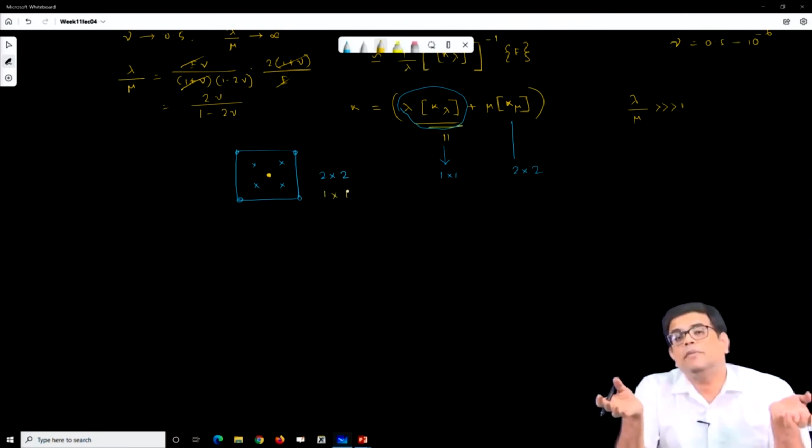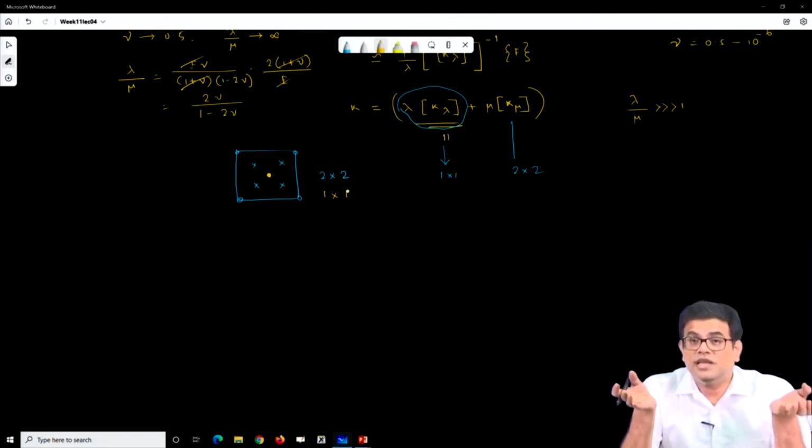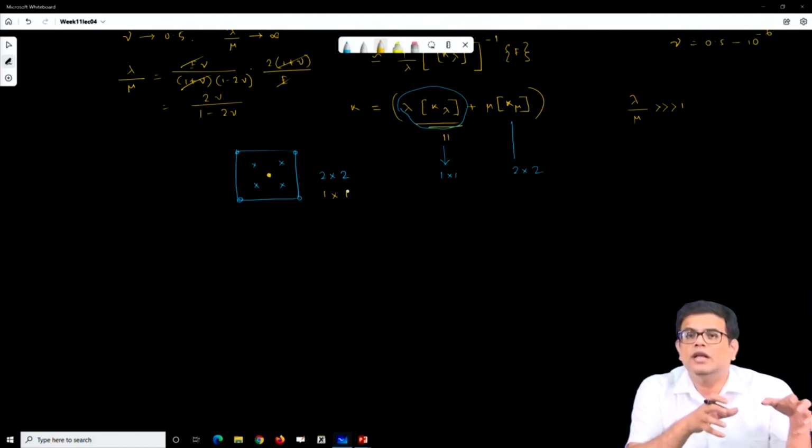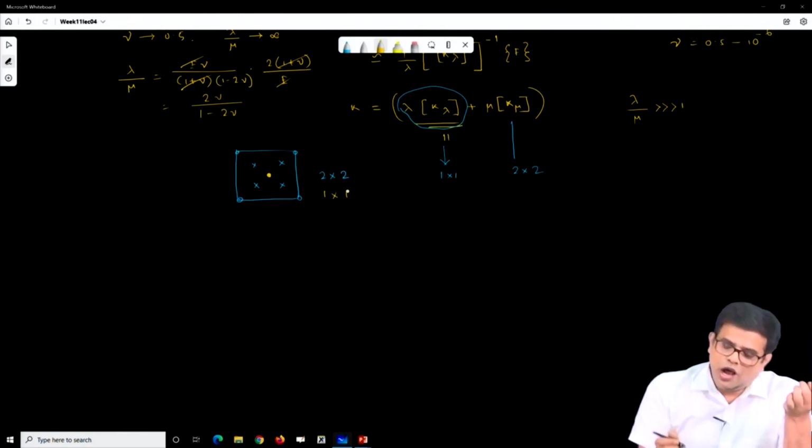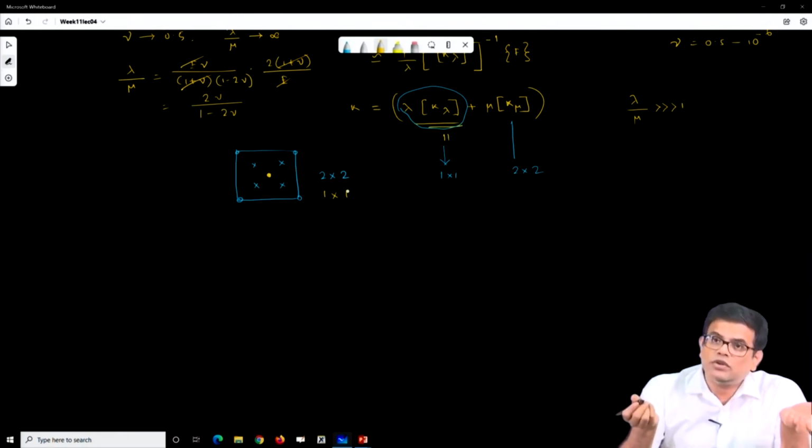So, this will suppress the unphysical volumetric deformation that will pop up in the case of full integration. This is true for 3D elements also.